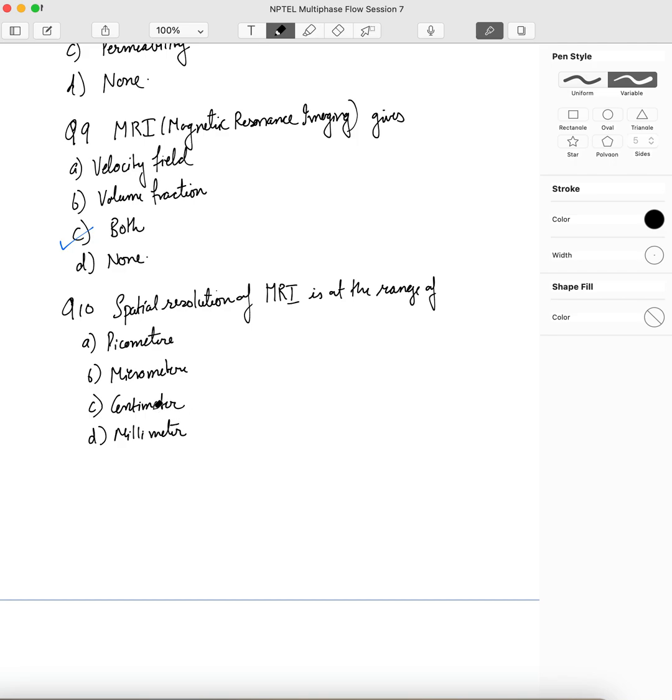So spatial resolution for the case of MRI is at the range of a micrometer.